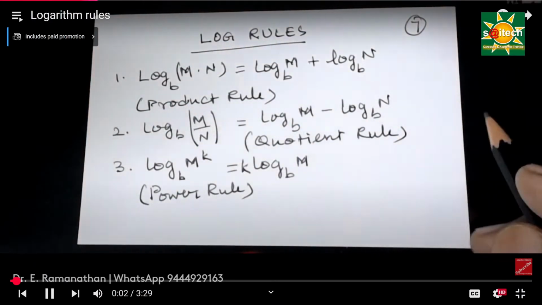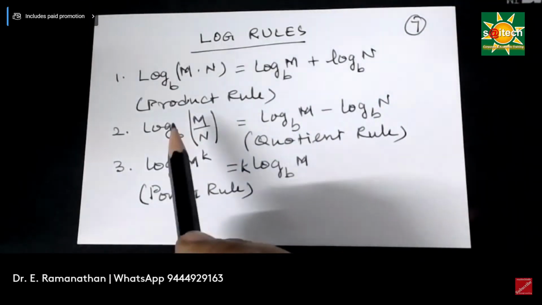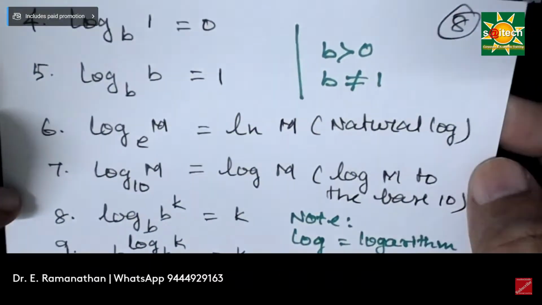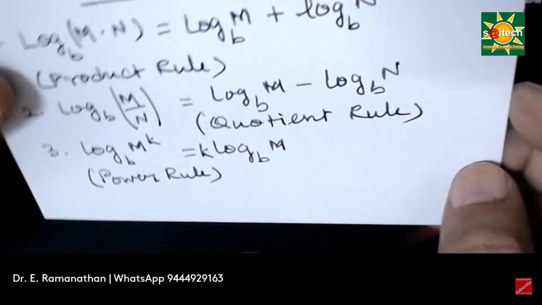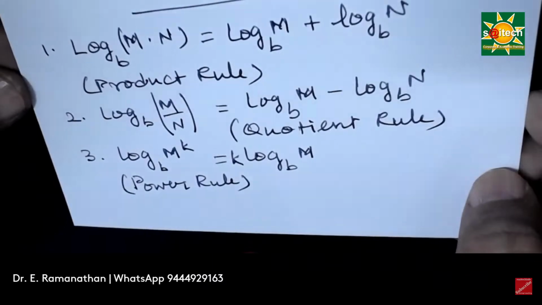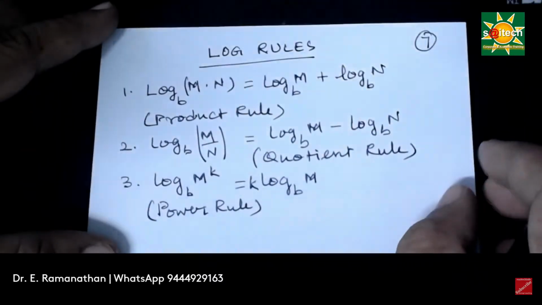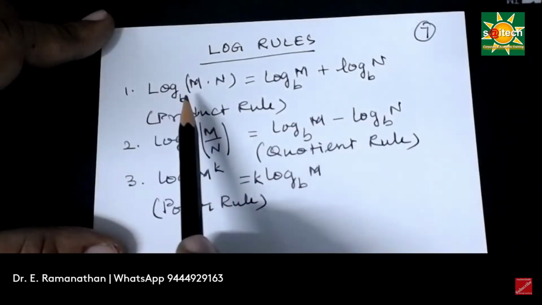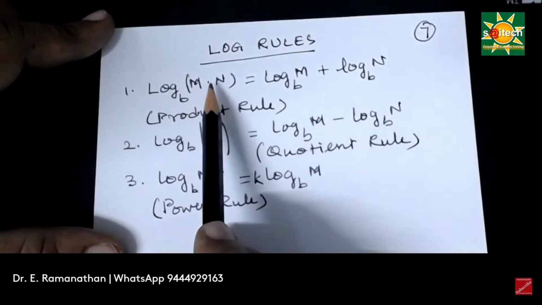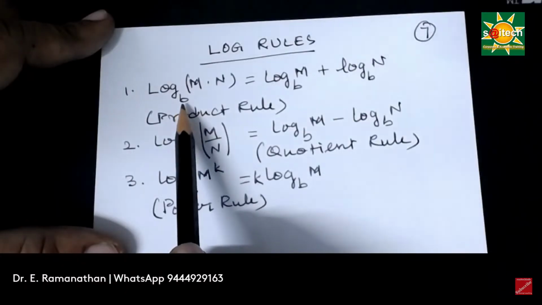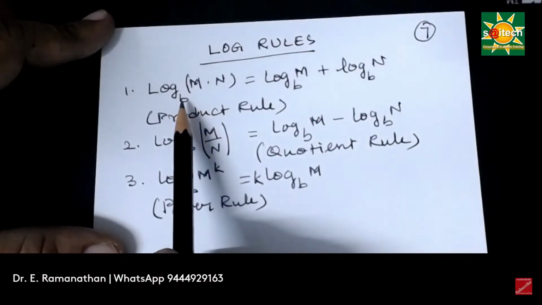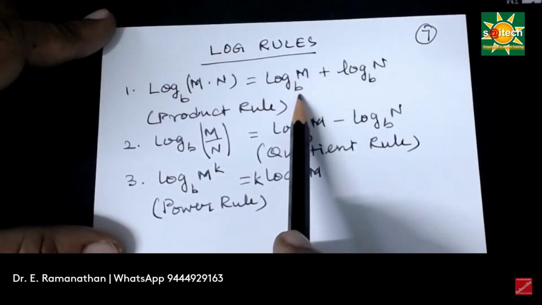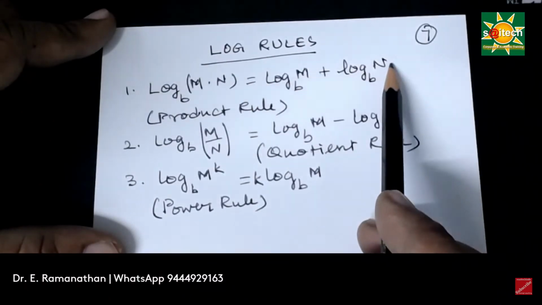Logarithmic rules. There are around 9 rules in these logarithmic functions. Let us discuss one by one. Log of m into n to the base b is equal to log m to the base b plus log n to the base b.